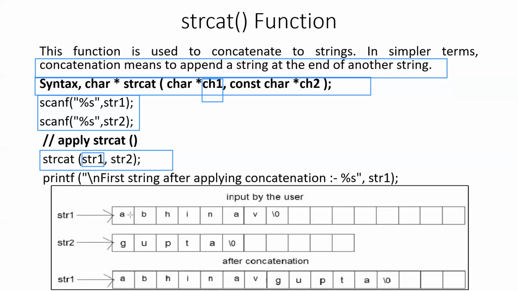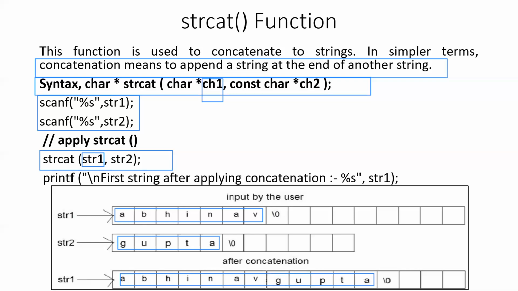Let us suppose that the user entered Abhinav in str1 and Gupta in str2. When the string concatenation function is called, the Gupta value will be added at the end of Abhinav and the value will be saved in str1. So the new value of str1, as you can see in the output, is AbhinavGupta.